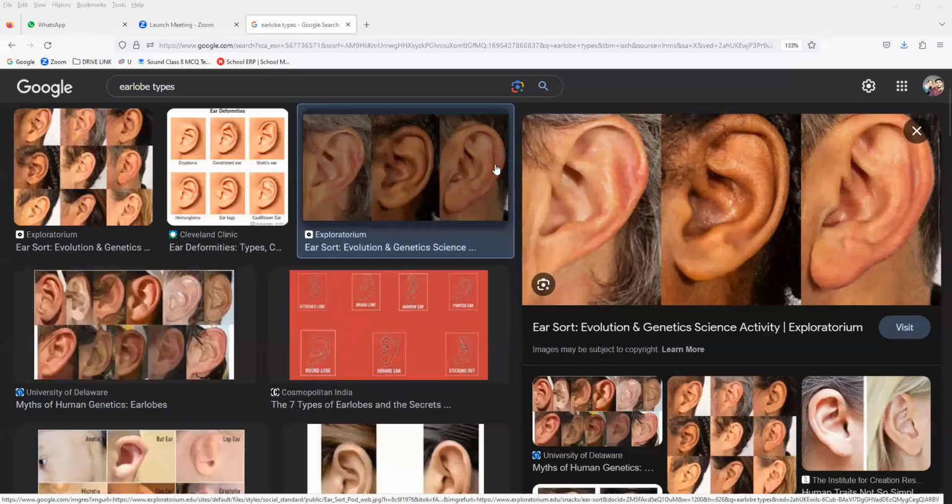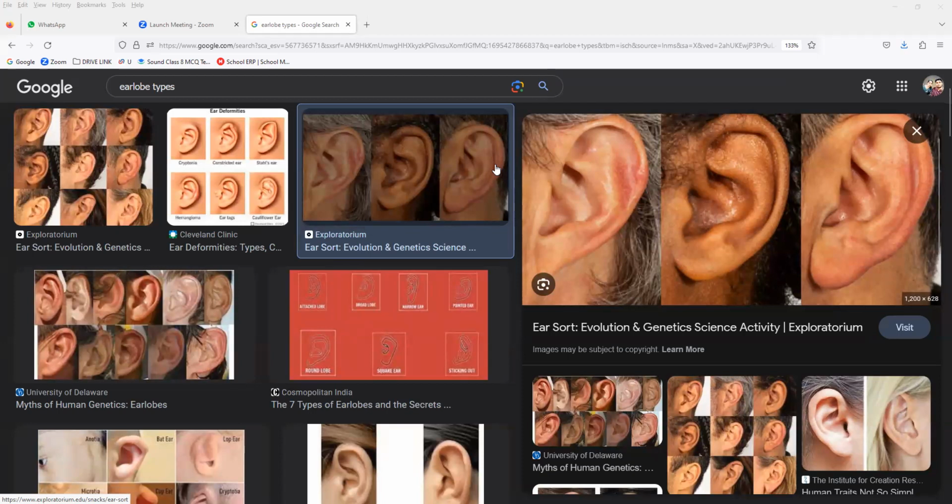If you notice here, the majority of humans have free earlobes, and very few humans have attached earlobes. These are the two alleles, the two different variations we notice in the ears of the entire human population.